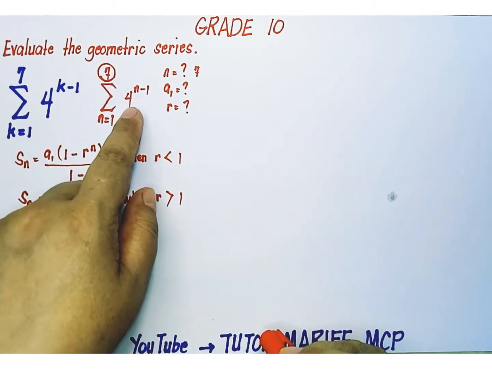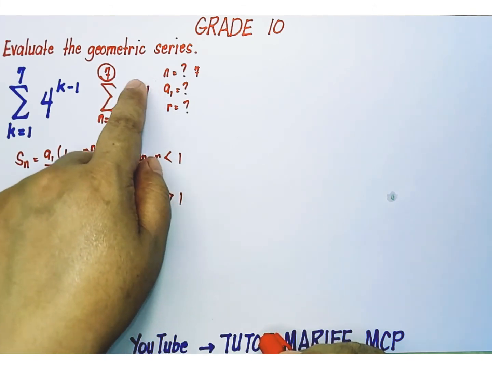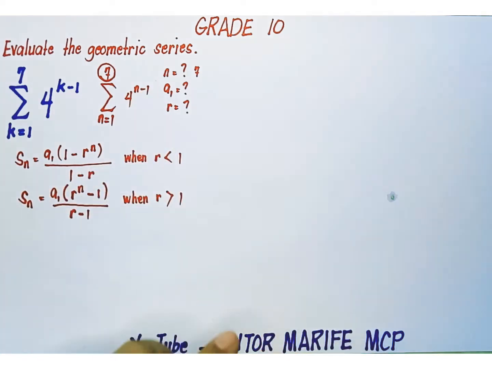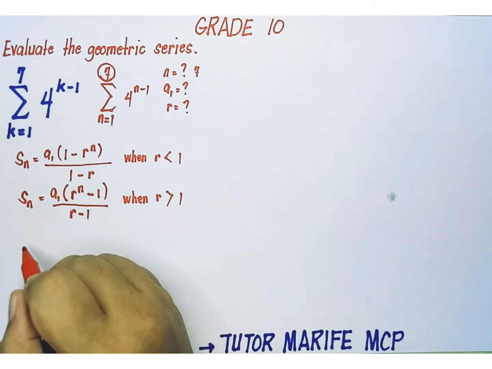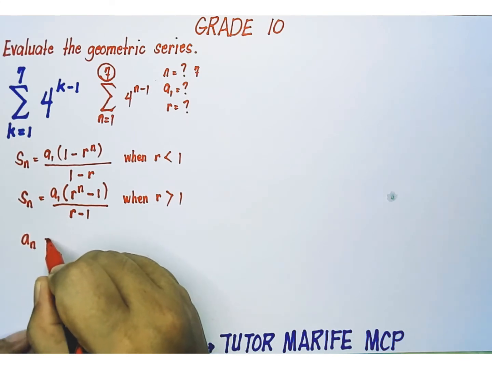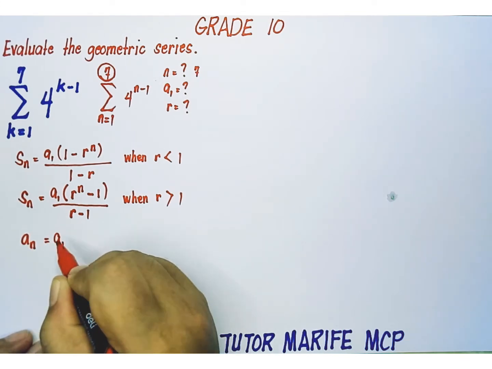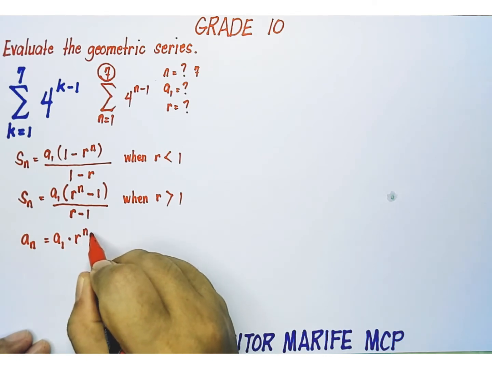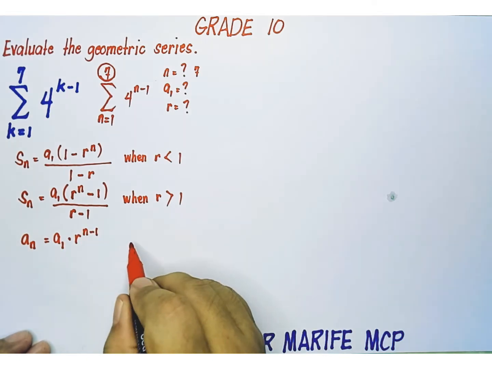Okay? Ano naman ito? Ito actually is the explicit formula of the geometric sequence. Ano ba yung explicit formula? It's the same as the general formula for any term of a geometric sequence. It's a sub n equals a sub 1 times r raised to n minus 1.